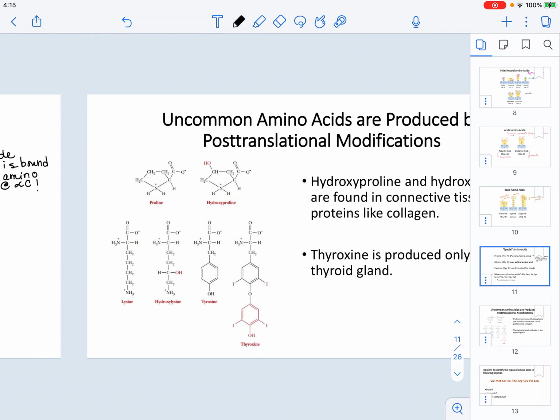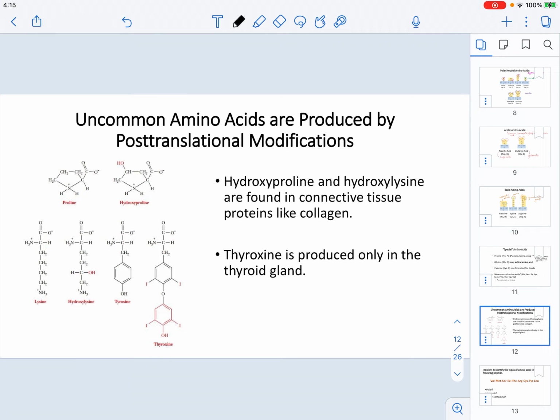Now, we always talk about how there are 20 amino acids. Actually, the number of amino acids that are known to be found in the human body is more than 20. Because the extra amino acids are not found in every tissue and in every cell, we refer to the primary 20.